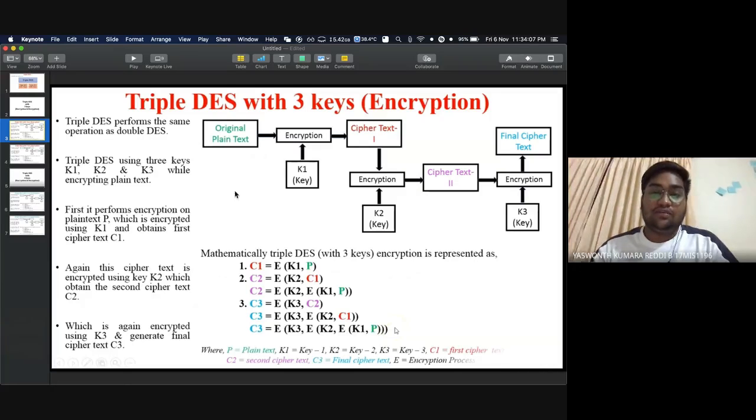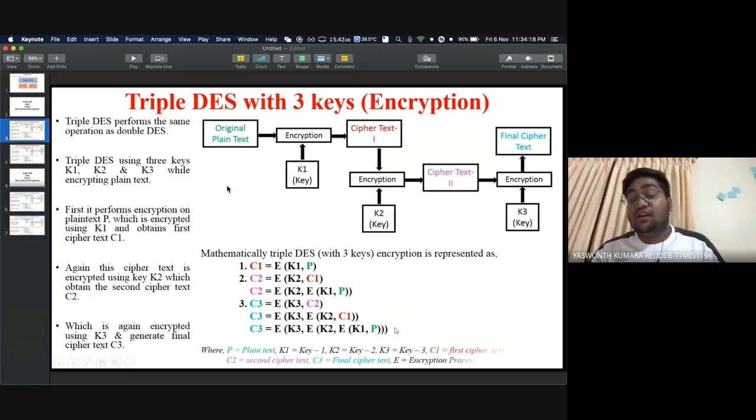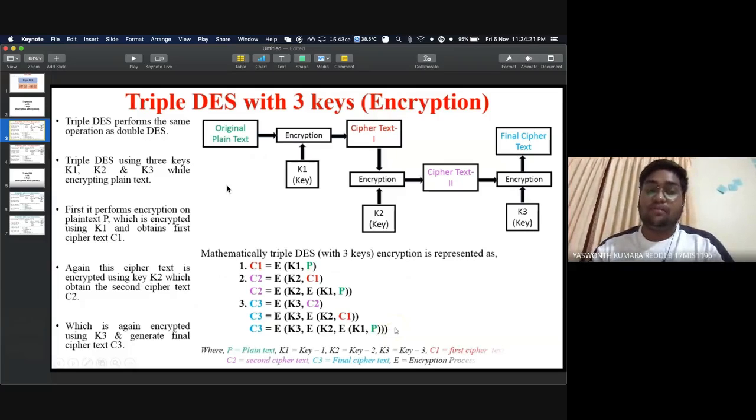This is the encryption part. Triple DES performs the same operation as double DES, using the keys K1, K2 and K3 for encrypting the plaintext.